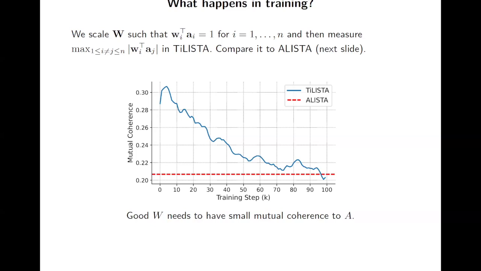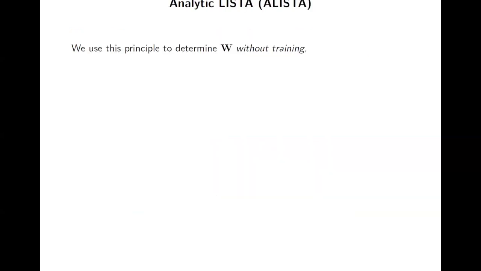Here the horizontal axis means the training progress, and we observe the coherence. We find that it reduces and reduces. So this aligns with our explanation, and we can regard W as a preconditioner.